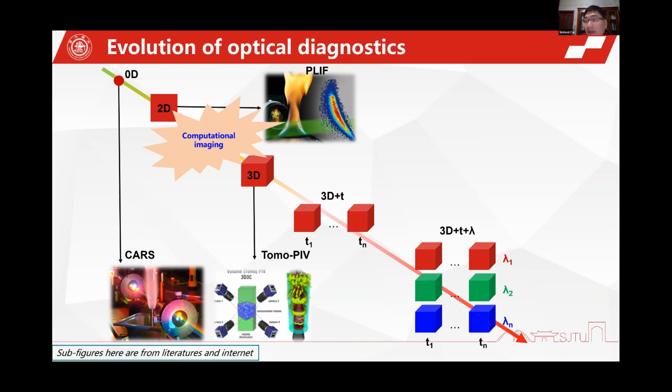When you do computation, you increase the complexity of your data processing. The benefit is that when you increase your investment in computing, then your requirement for the equipment will be relaxed. That's the benefit of computational imaging.